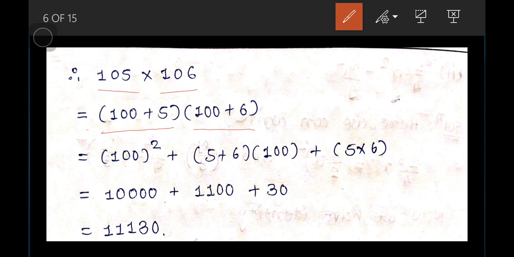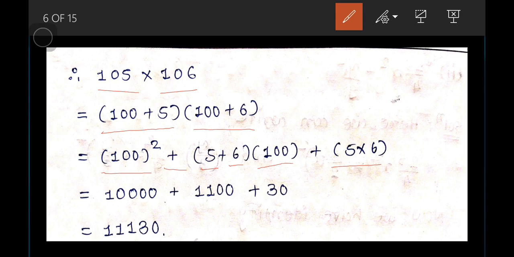So now 100 is x, then we get 100 square plus (5 plus 6) into x, that is 100, plus ab, that is 5 into 6.